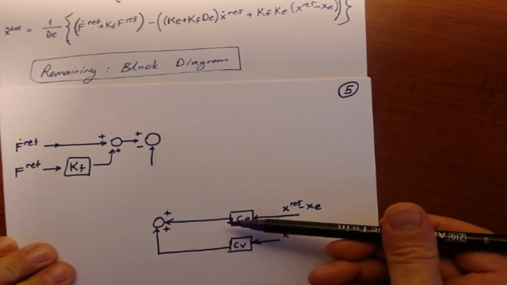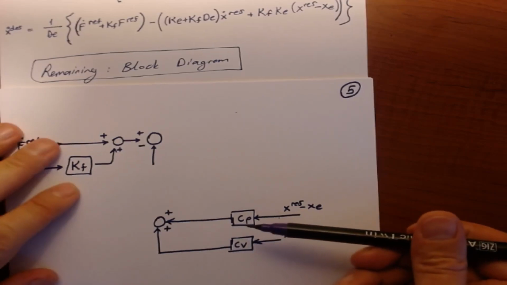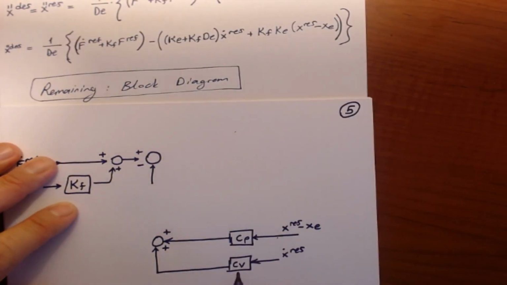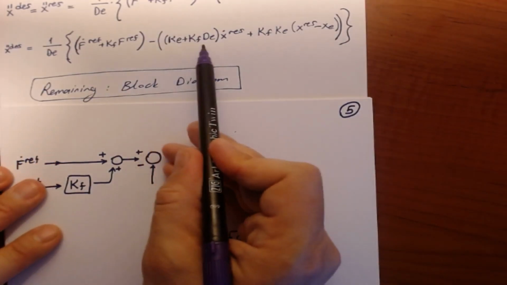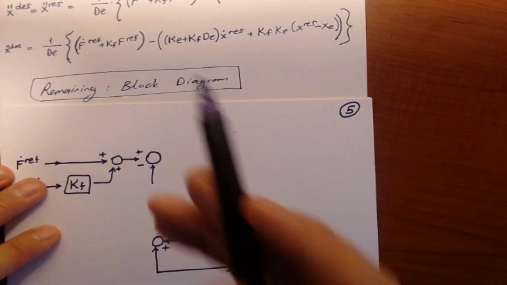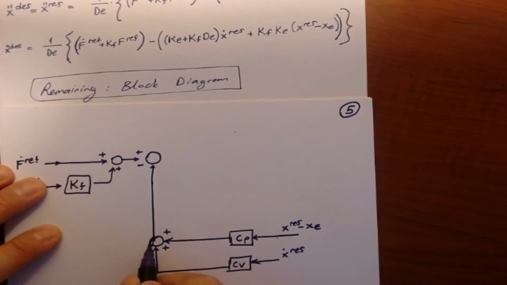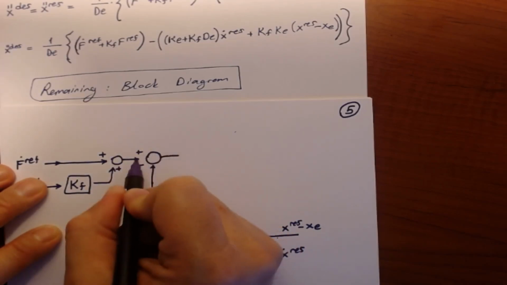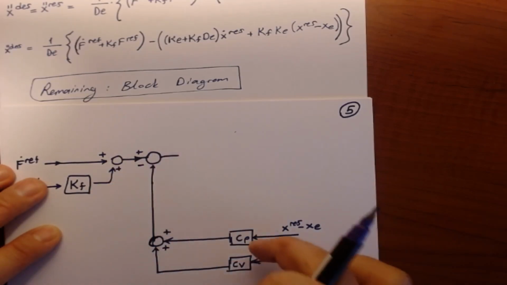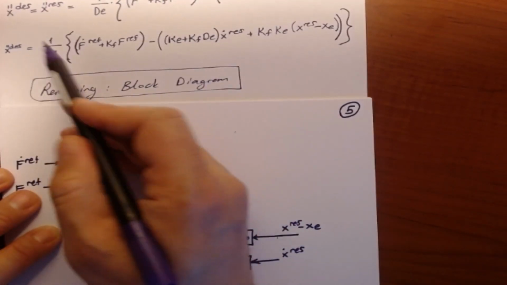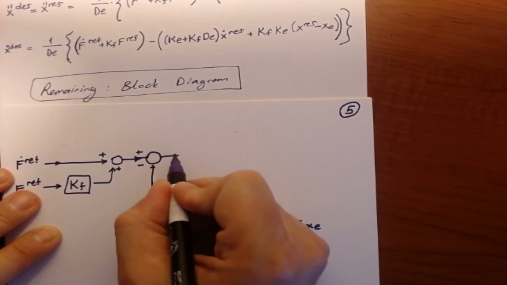Here CP will stand for KFKE and CV will stand for KE plus KFDE. So these are the control coefficients and I can take this from the summation point. After all, that is this part plus this part, and don't forget to multiply everything with 1 over dE.